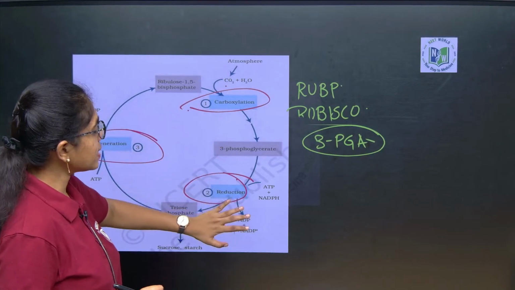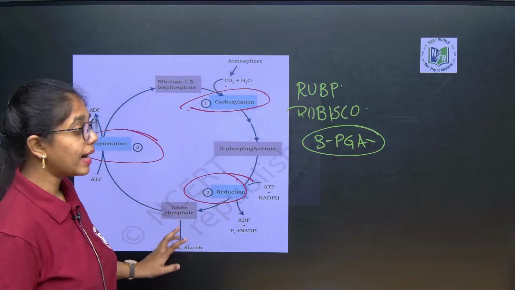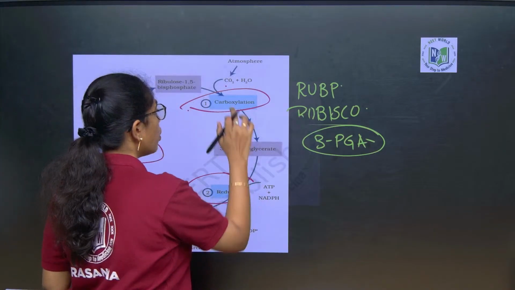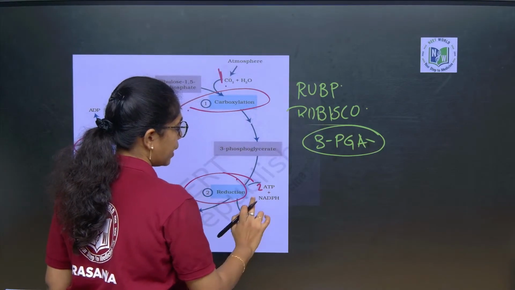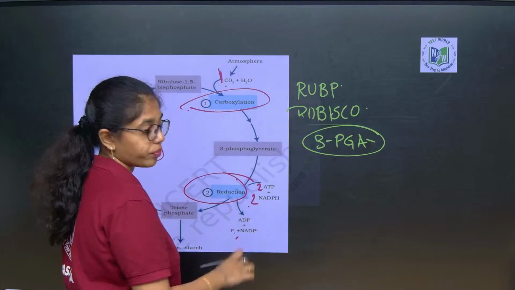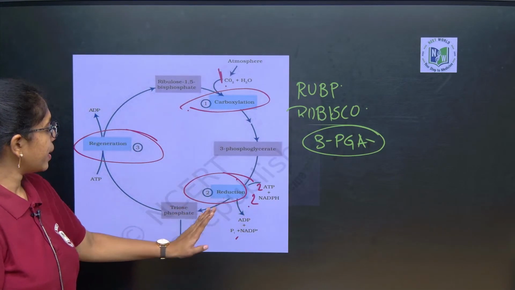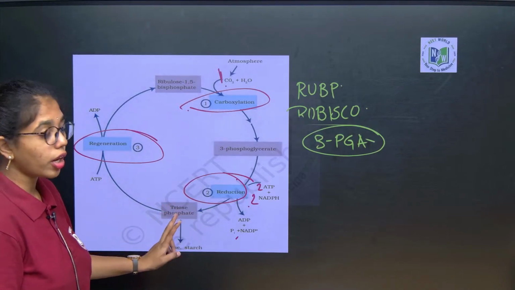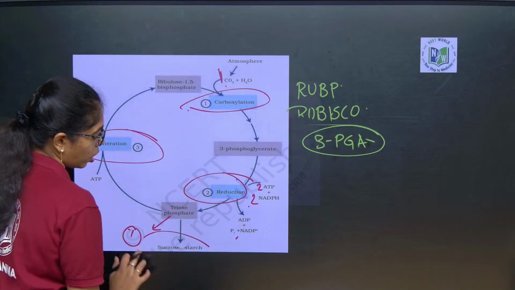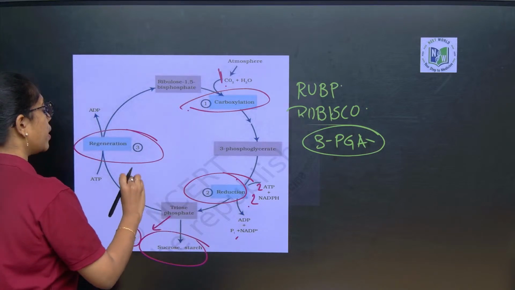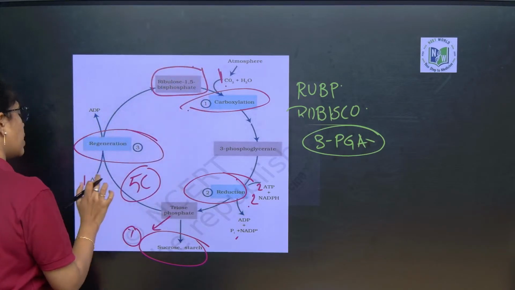This 3-phosphoglyceric acid is reduced to 2 molecules of glyceraldehyde 3-phosphate, whereby 1 carbon dioxide molecule will use 2 ATP and 2 NADPH here. From these 2 molecules of 3-glyceraldehyde, 1 molecule will escape for the formation of glucose. The remaining 5 carbons will regenerate as RuBP, where it requires 1 more ATP.